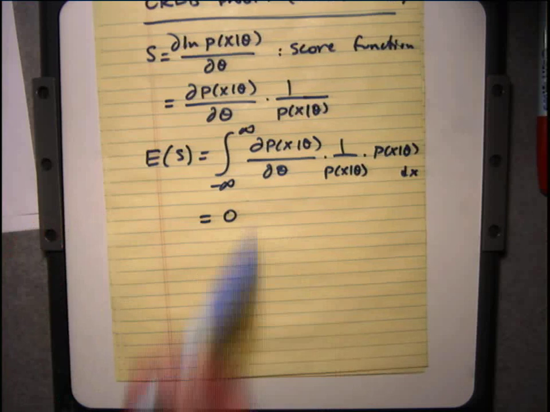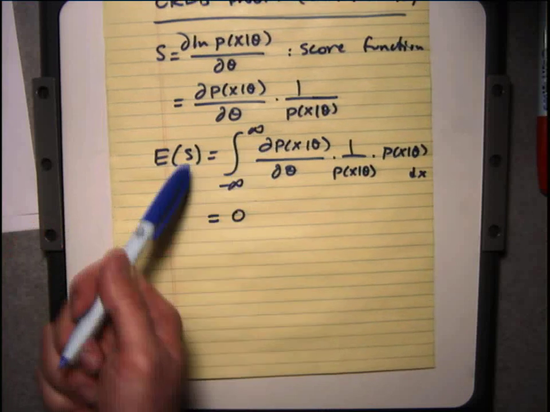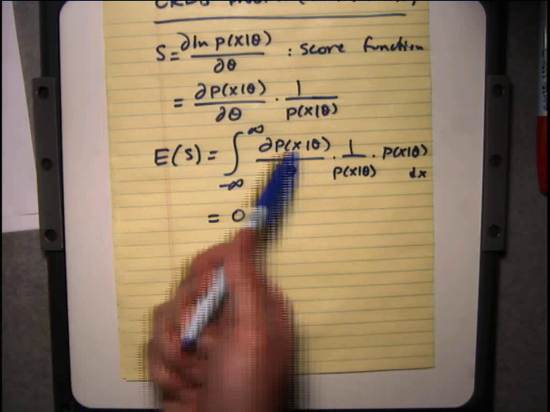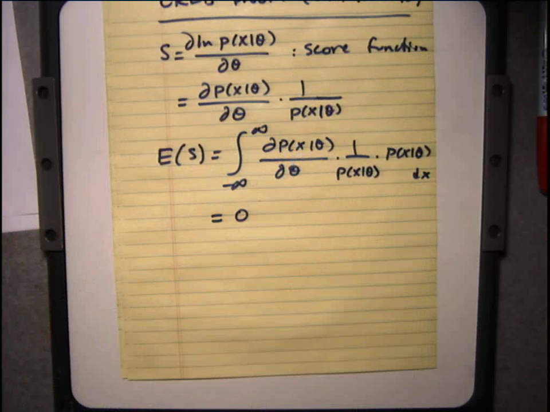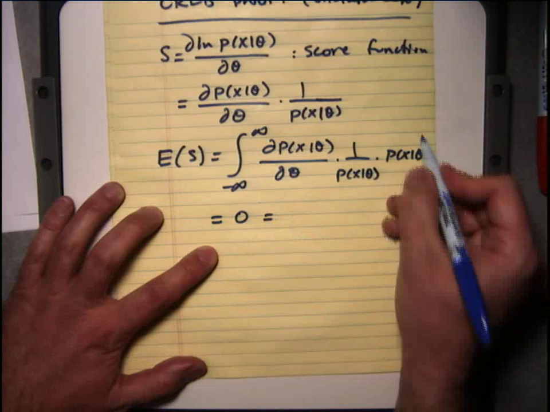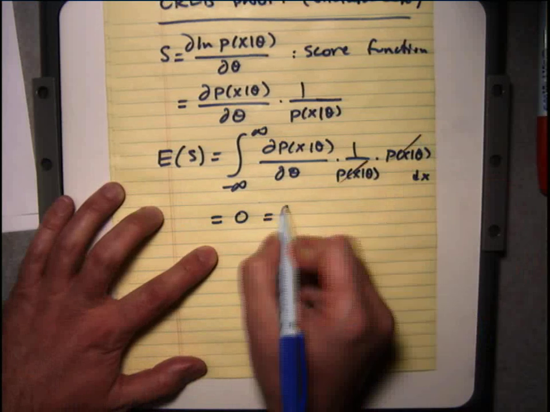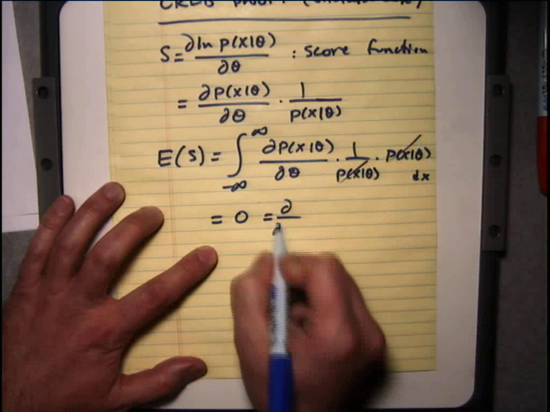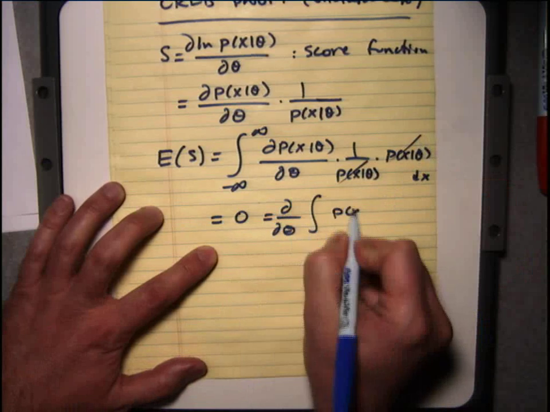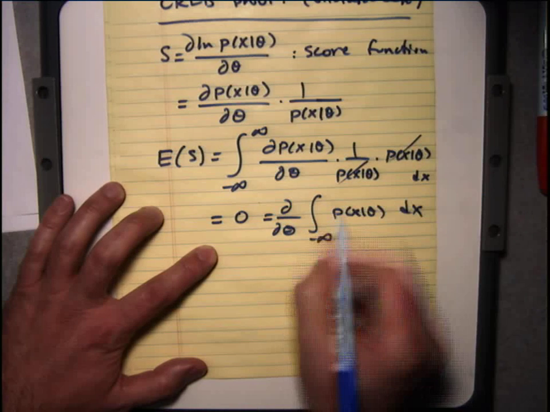Because I can pull this derivative with respect to theta out of the integral, and then I just have the integral of p of x given theta dx. That's equal to 1. Maybe I should write it out explicitly. These two cancel out. This becomes d by d theta of the integral of p of x given theta dx from minus infinity to infinity.